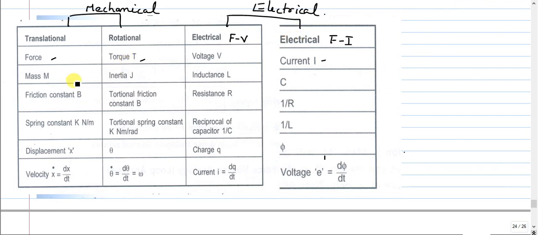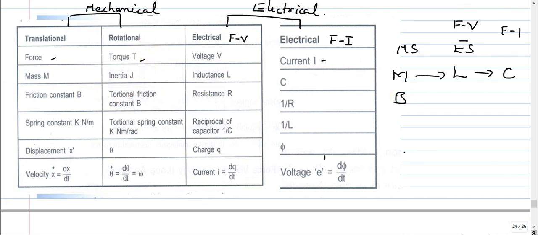If you have mass M in a mechanical system, in the electrical system you straight away replace it with L for force voltage, and for force current you replace it with capacitor C.